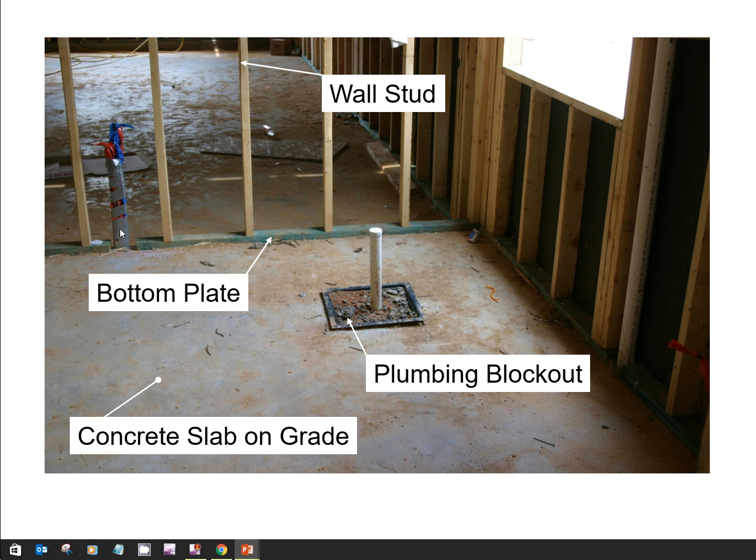And here you have plumbing lines coming in the house that were run under the floor and they come up. We have what's called a bottom plate at the bottom of the wall, and this is pressure treated lumber. That's why it's green. And then here you have the wall studs that go up. If you notice under a window opening, you've got short studs here because you still have to have stuff to nail your siding to and things like that.